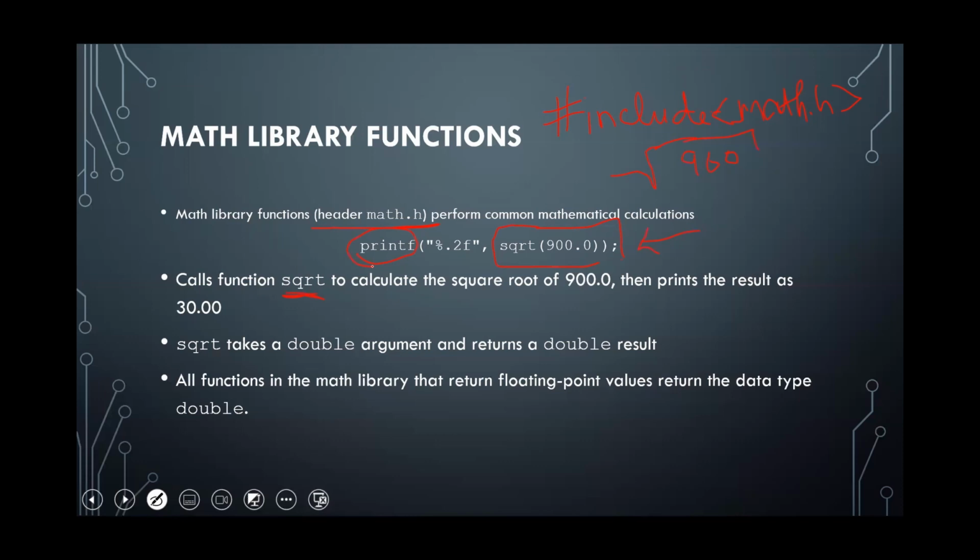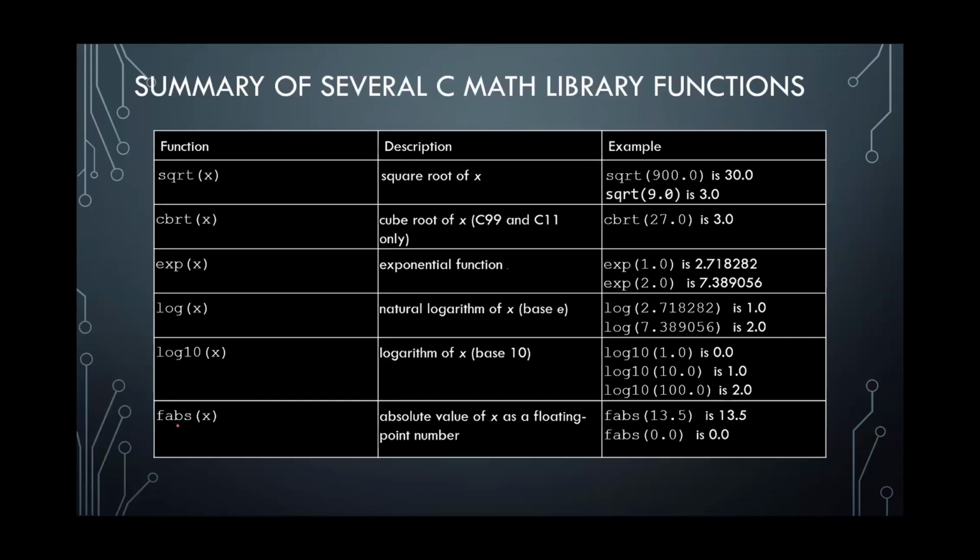All of the functions in the math library that return float type values are going to use a double. Remember, there are several different variable types that use decimals, but in the math function library, everything's going to be a double. Here are some quick examples of ones that you might know off the top of your head.